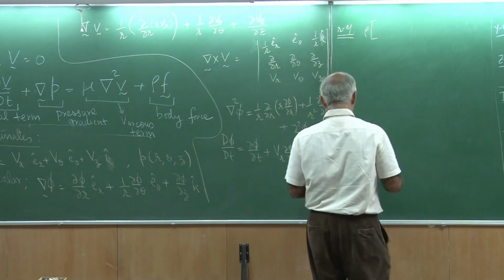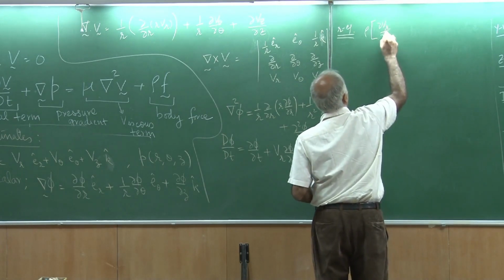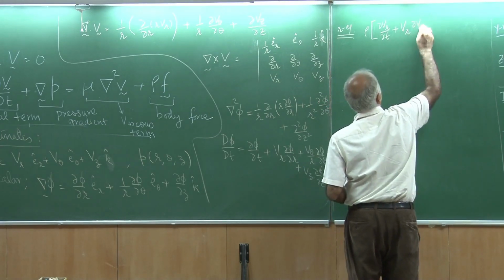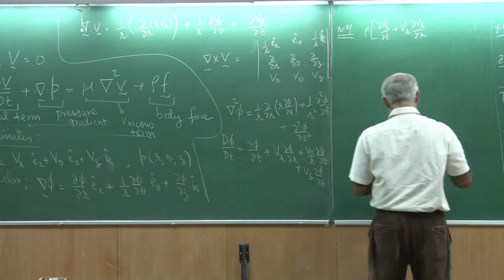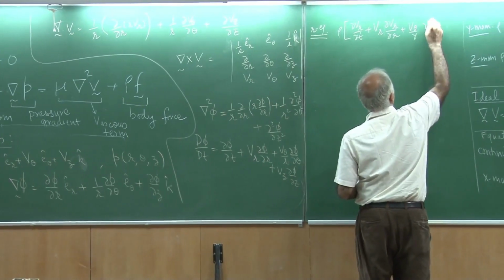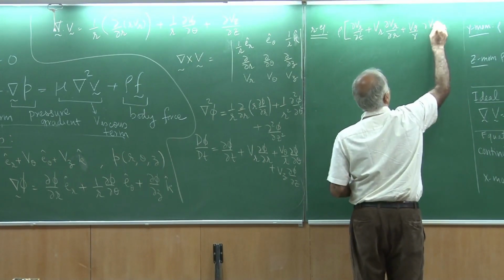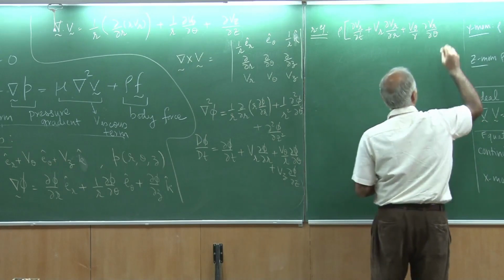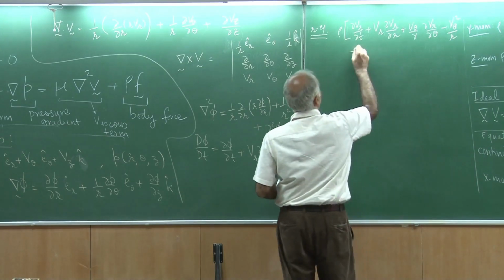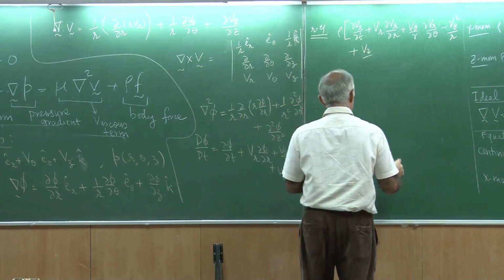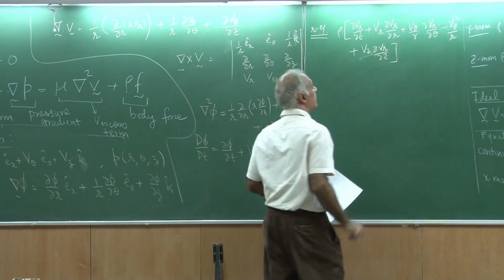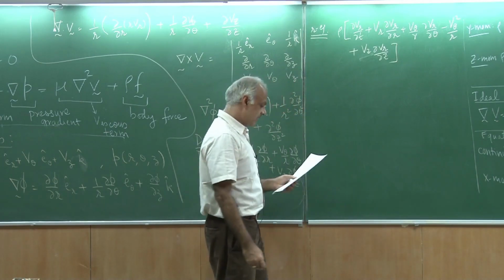So rho dv dt would be given as del Vr by del t plus Vr del Vr by del r plus V theta by r del Vr by del theta minus V theta square by r plus Vz times del Vr by del z. So that's the dv dt term in the r direction.